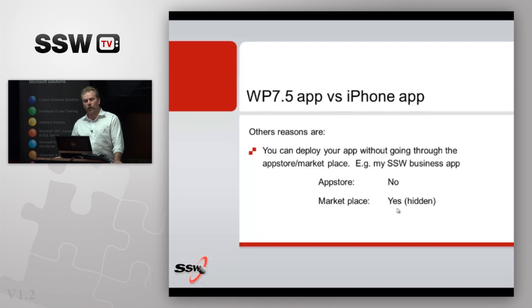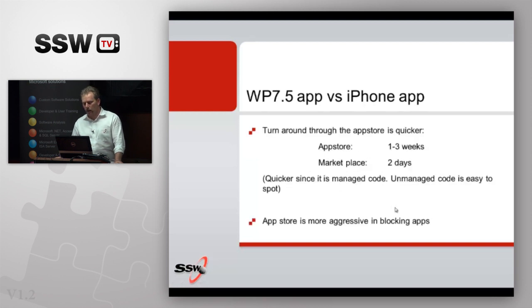The Marketplace will, because it allows you to put through essentially a hidden app. The turnaround for app stores is 1 to 3 weeks in our experience, and Marketplace is just a few days. I expect that if this gets more popular, maybe it'll get slower.